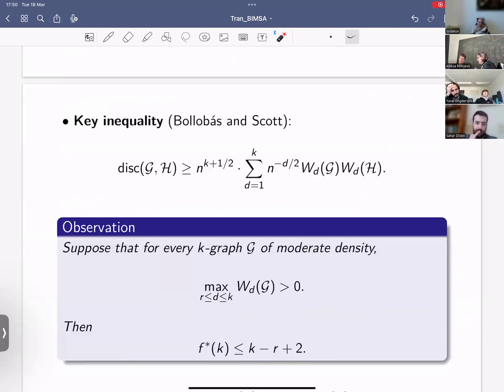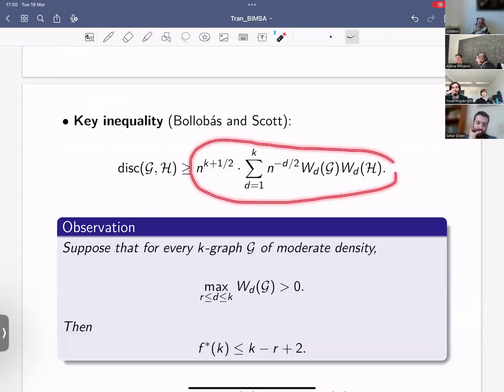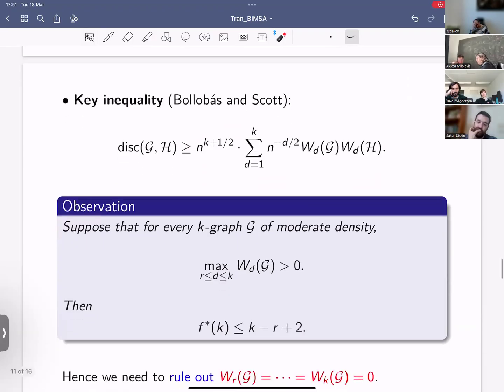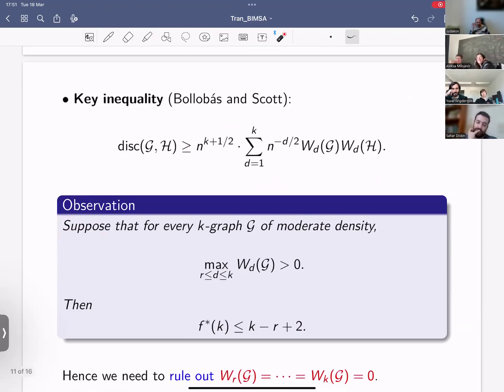Our proof relies on this inequality by Bollobás and Scott about the discrepancy of the pair in terms of the W vectors. The proof comes from placing one graph randomly on top of the other.